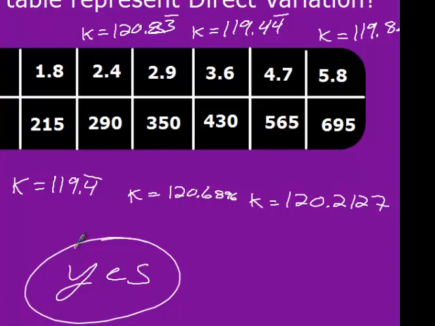How many of these do we have? I think there's like 3 or 4. It's not a ton. Because all you really need to show me are the k's. So just k equals, and then it's a yes or no answer. And then you're done, and you move on to the next one. The biggest issue is that direct variation is not that complicated as long as you're just doing what it says.